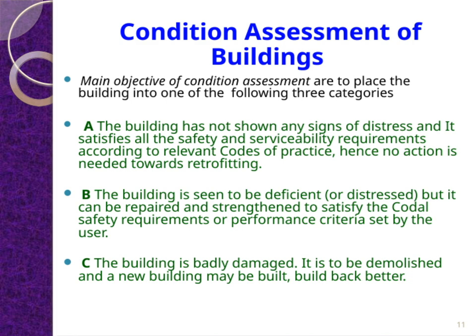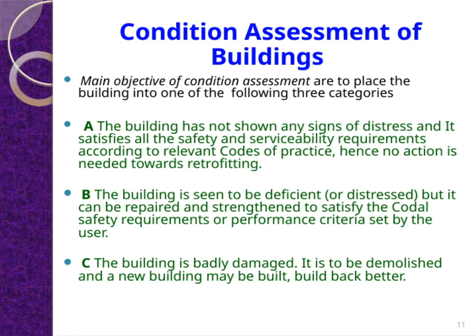Next, Category B involves buildings that are deficient or show signs of distress, but they're still repairable. These structures can be strengthened or repaired to meet safety requirements and performance criteria set by the user or the codes. Finally, Category C includes buildings that are severely damaged.